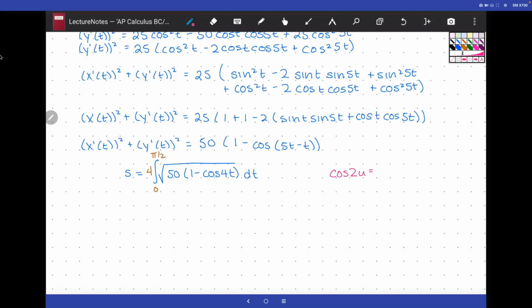Because for cosine 2u we had 3 choices. Which one do you think we're going to use? All 3 of them have squared. Let's just put all 3 of them up here because it's good to remember. Anybody remember one of them? 2 cosine squared u minus 1.